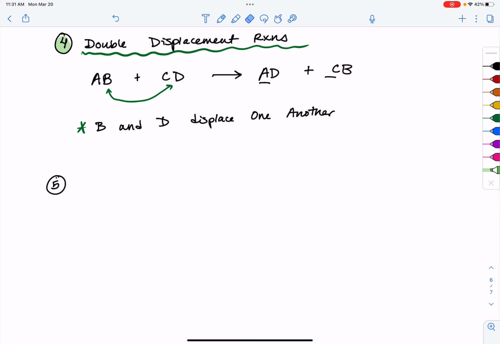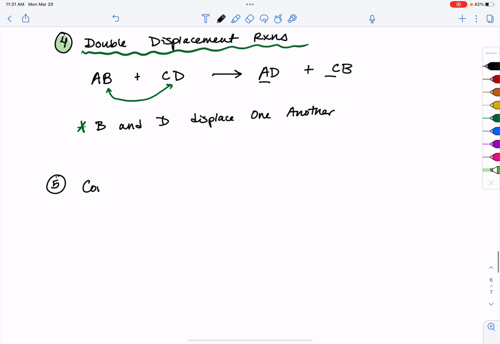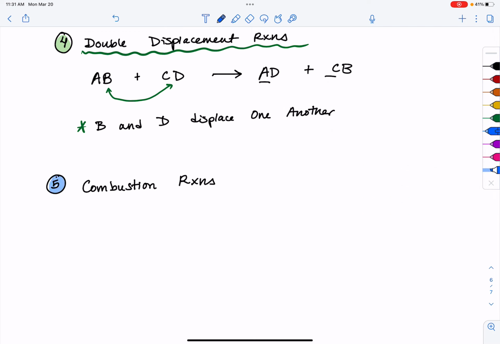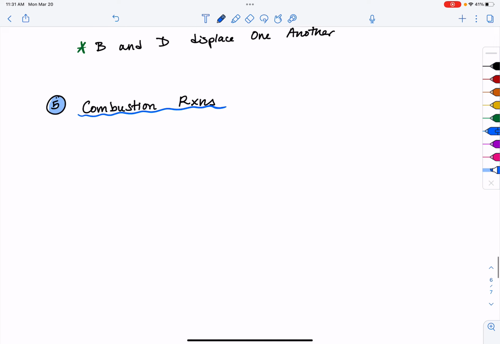And lastly, our fifth main type of reaction is a combustion reaction, where combustion has a very particular definition.